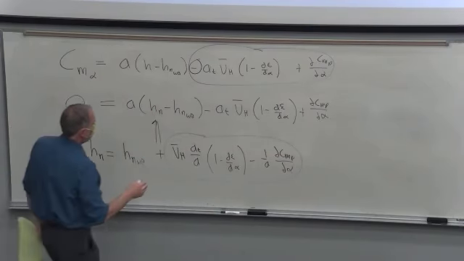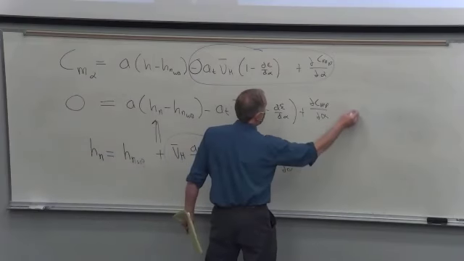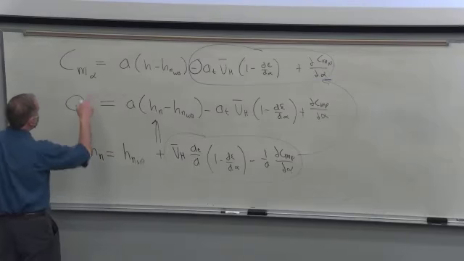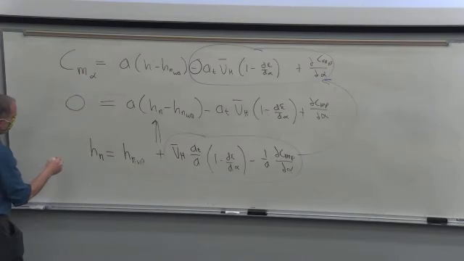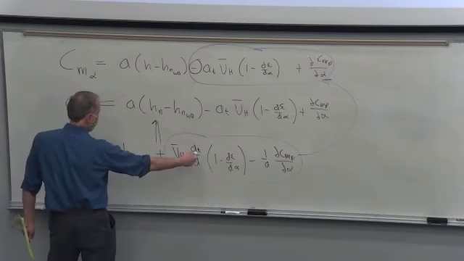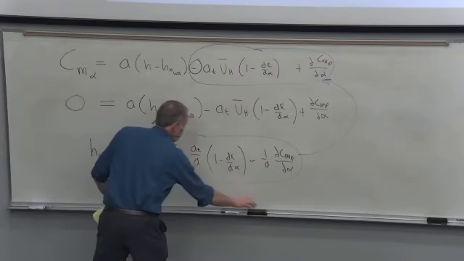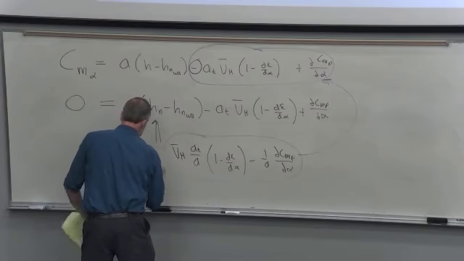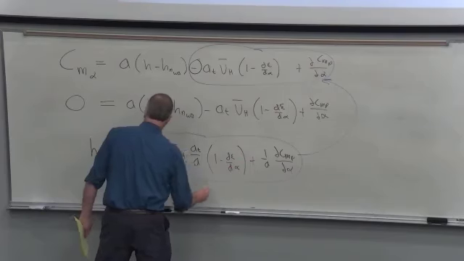So we can substitute for this up here and come up with a simpler formula for Cm alpha if we already know the neutral point. So take this thing, shove that over to the other side, and we flip the sign.